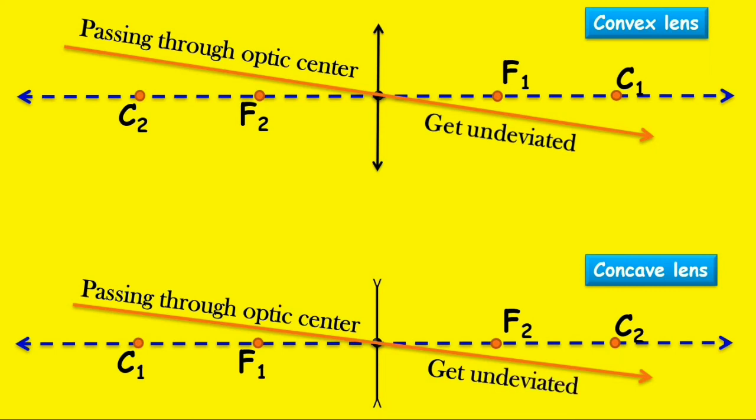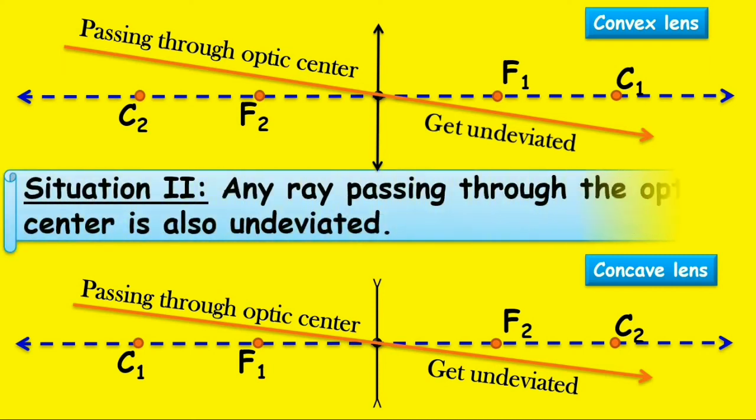So in situation 2, any ray passing through the optic center is undeviated. Undeviated means no bending happens. It just goes directly in a straight way.